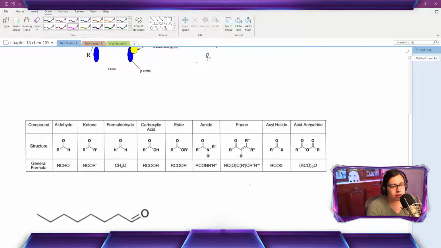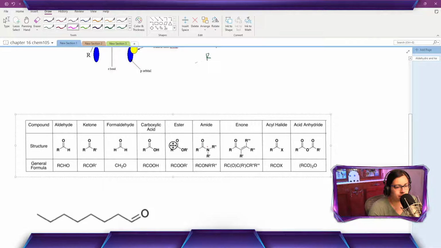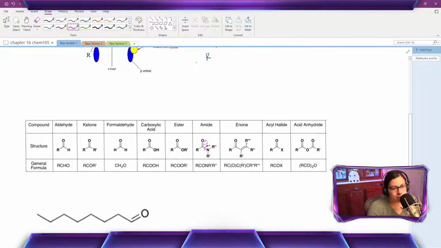So amides can be interesting. This nitrogen has these lone pairs here, and these could actually go into a bond here in a certain scenario, moving these electrons up. So we have a similar sort of movement there. Same with these enones.